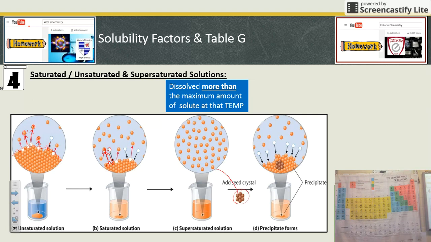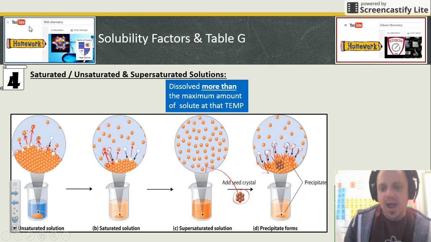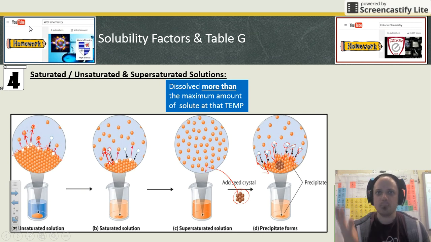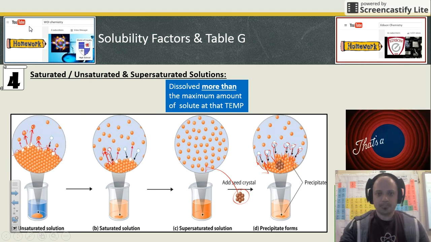All of the extra solute that's dissolved that shouldn't have been hops on and crystallizes on that seed crystal, and you get what chemists call crashing out, or a precipitation reaction, and all this extra solute just, boom, falls to the bottom. It almost looks like it's snowing inside the test tube, like a snow globe sometimes. Or you see big crystals grow very suddenly. It's kind of cool. I'll try to get my sample demonstration to work. It's very fickle. It doesn't always work, so fingers crossed.